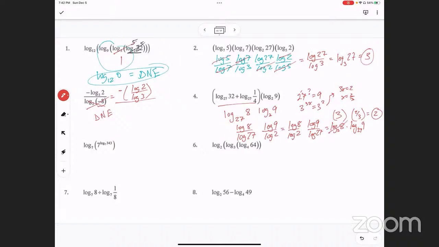Got it? This problem right here, we start on the inside, the 7 to the log base 7, that just cancels and you just get 343. And 343, I'm pretty sure is just 7 cubed, isn't it? Isn't 7 times 49, 343?